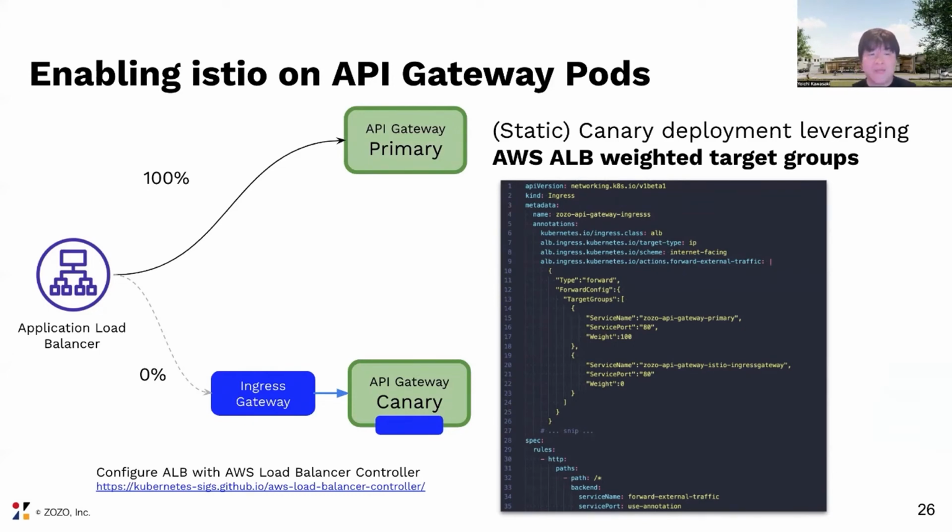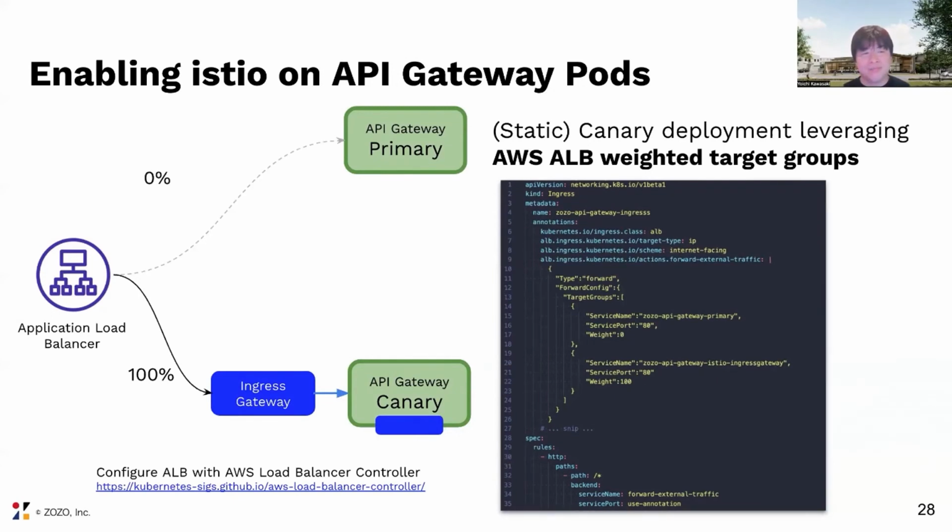At this time, we configure it to route all traffic to the existing API gateway. The YAML file on the right side is the ingress manifest. You can see a special annotation for the load balancer controller. You can define the traffic weight of each target group with it. Then we gradually increase the traffic weight to the new ingress gateway by applying a new ingress manifest. That's how we enabled Istio on all API gateway pods.